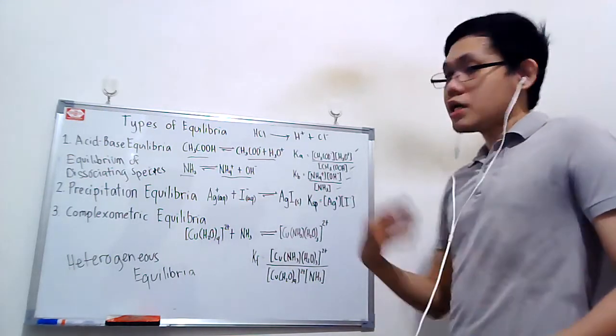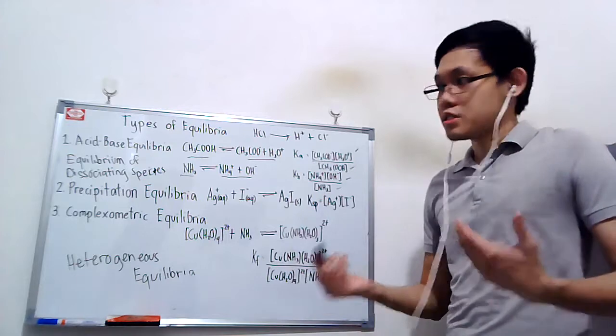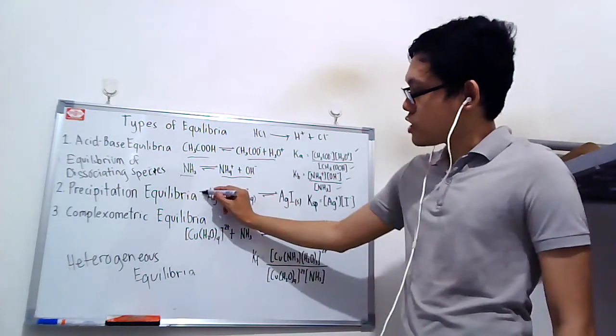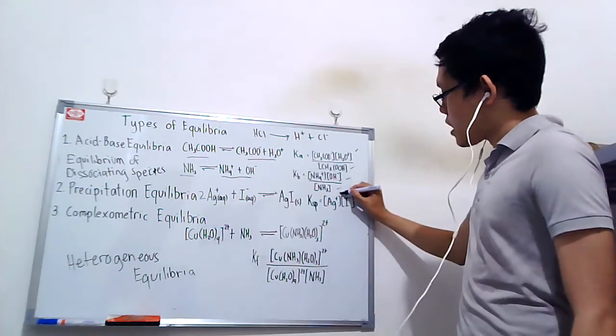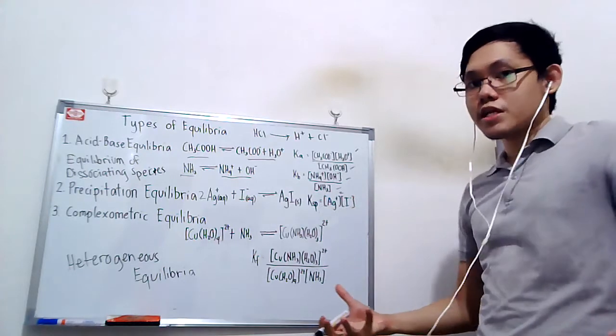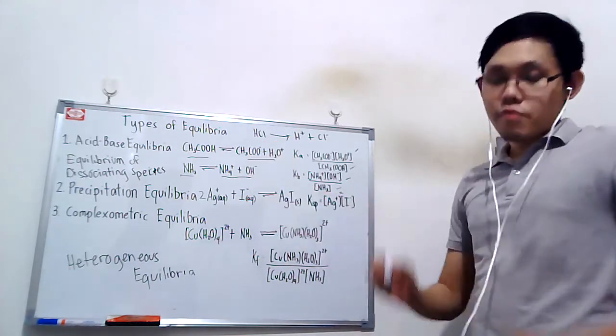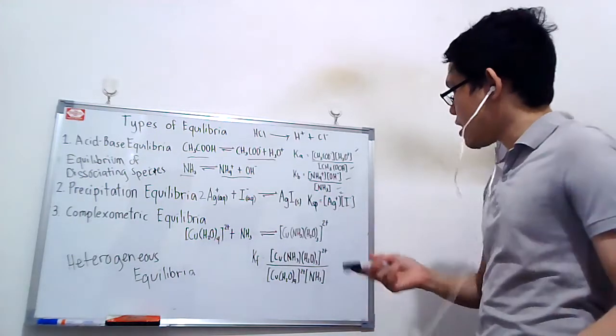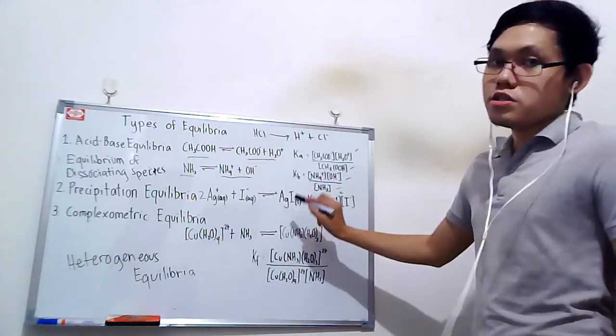So kapag nagpunta tayo dito, probably next week, magkakaroon na dyan ng mga, halimbawa meron kang 2 dito, magkakaroon na din ng exponent dito. So yun yung primary difference niya sa acid-base equilibria. Meron ka ng mga exponents, tsaka wala yung solid species.